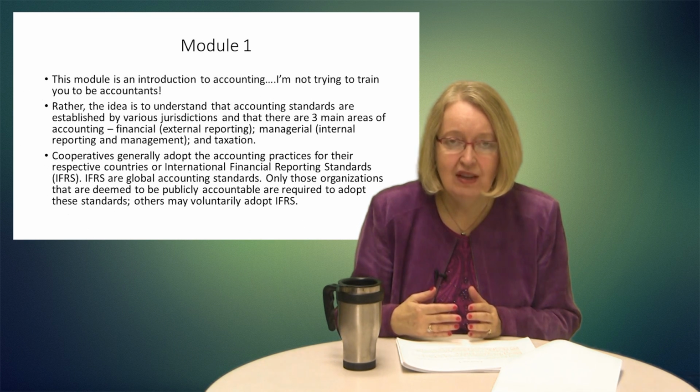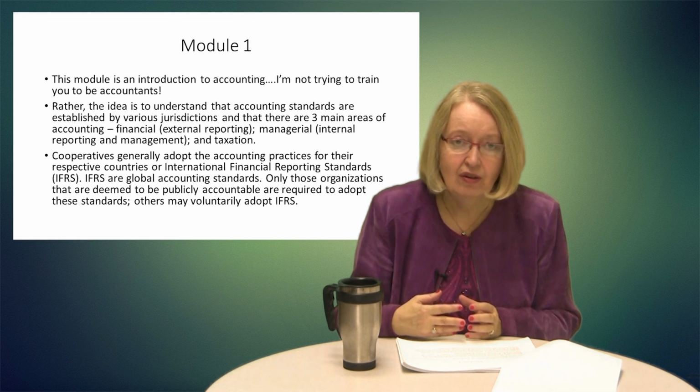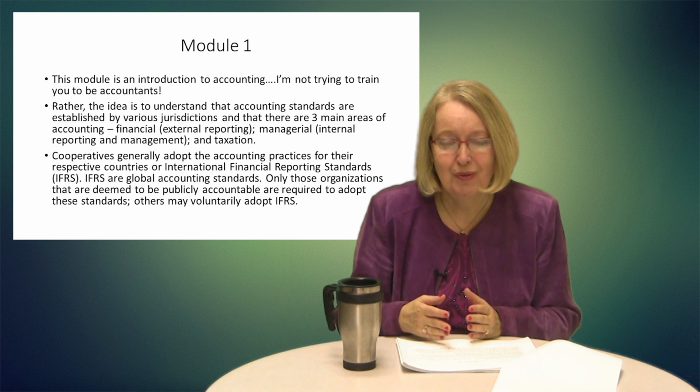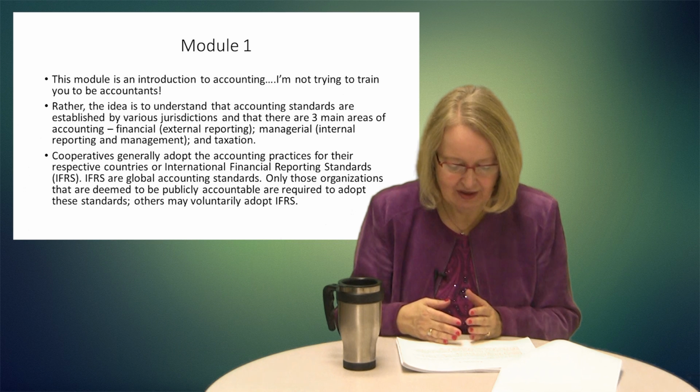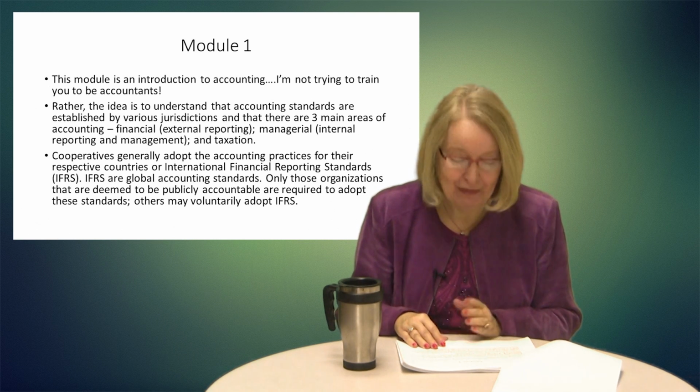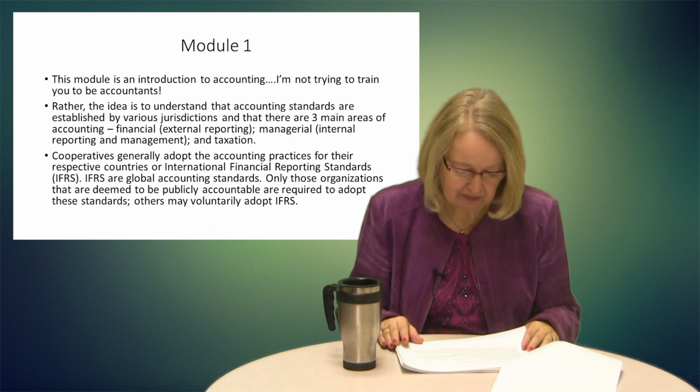Then there's managerial accounting, which is basically producing internal reports. This is where you would have your budget versus actual report that's produced monthly and quarterly and so on. And then there's taxation, which is a whole other matter, and we'll talk about that in a later module.